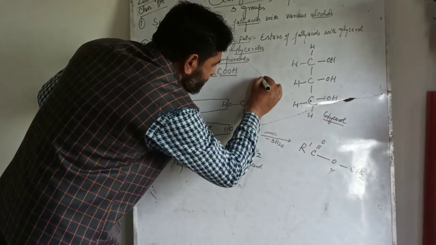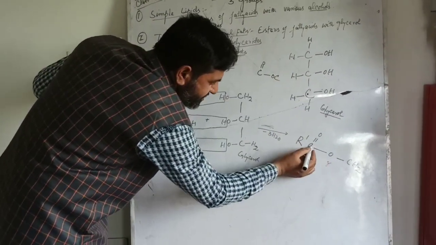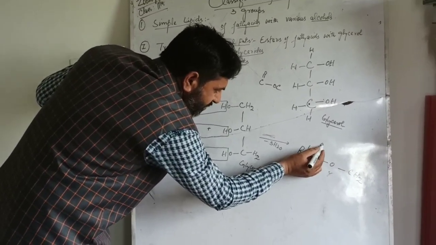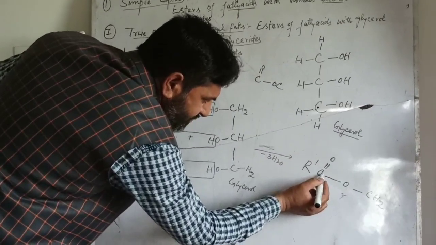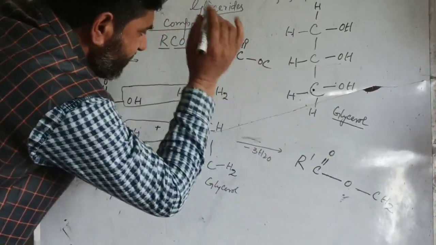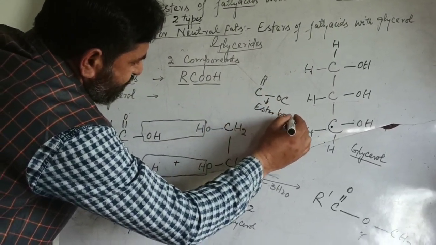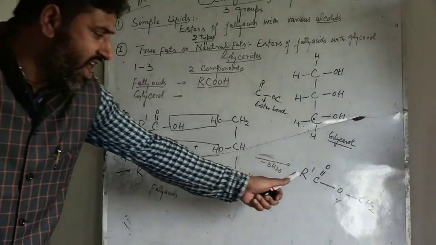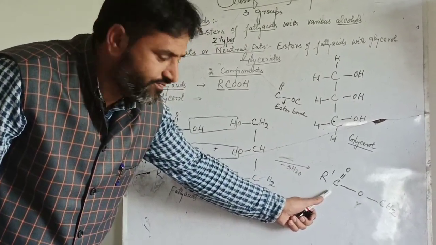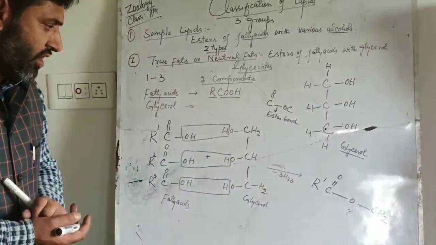This COOC bond, where the carbon is attached by a double bond with oxygen, and this oxygen is attached with this carbon, is known as the ester bond, which is formed between the carbonyl group of the fatty acid and the hydroxyl group of glycerol.